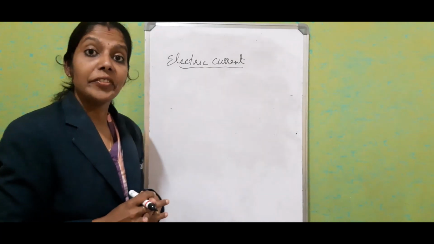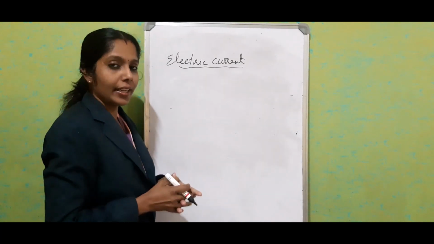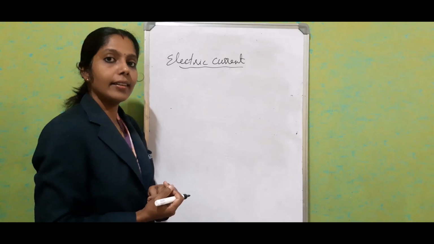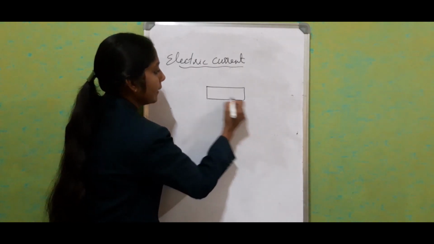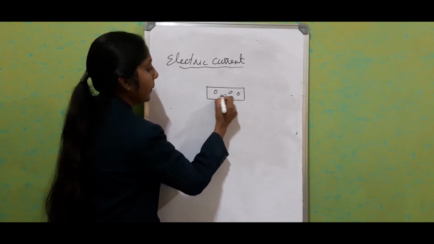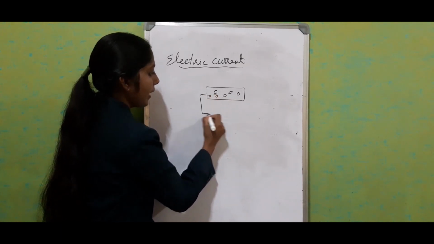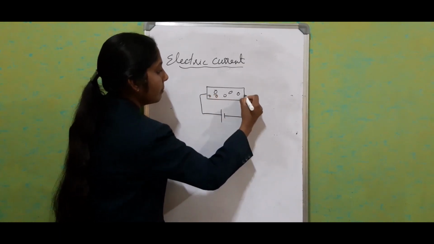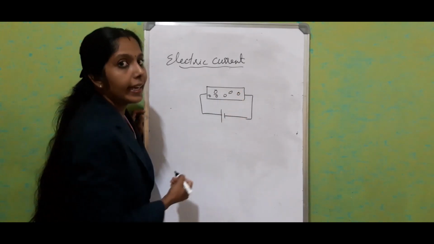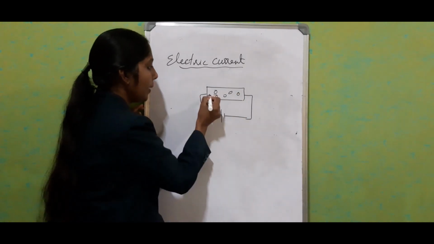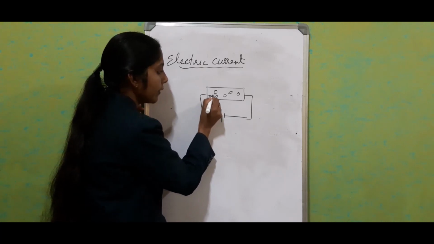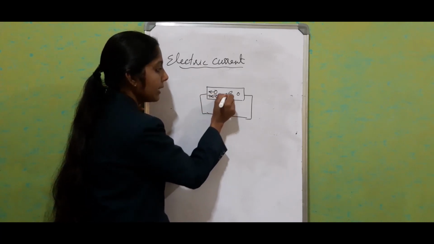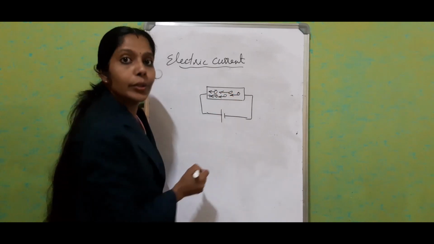Now we'll see the conventional direction of electric current, or how we represent the direction of electric current. If this is a conductor, electrons are here. If it is attached to an external battery, these are negatively charged particles, so obviously these charges will be attracted towards the positive side. I'll mark here: this is the direction of electrons.